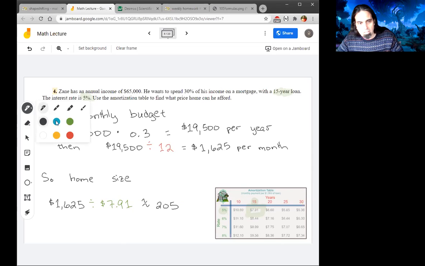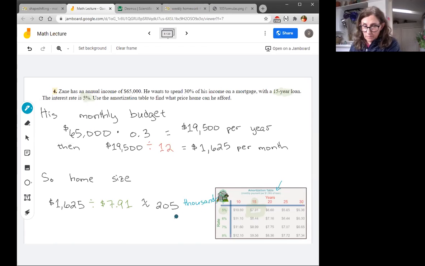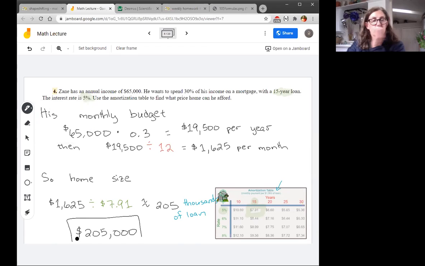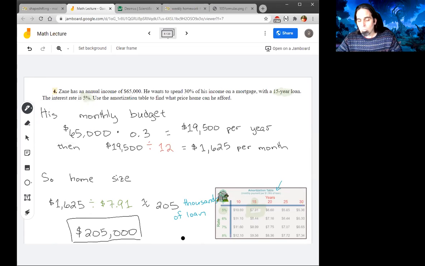And each time he does that, it's $1,000 of loan. So exactly the same as problem 1, but just this extra step at the top.